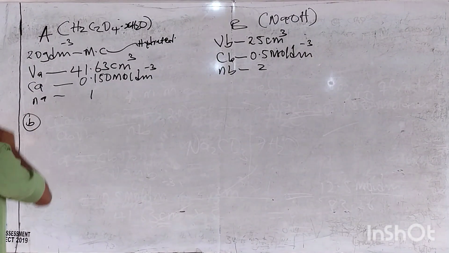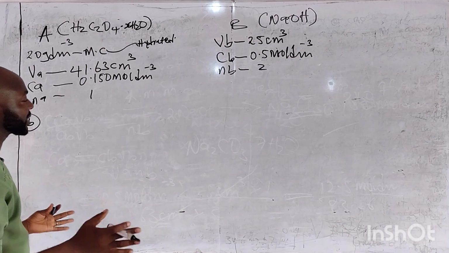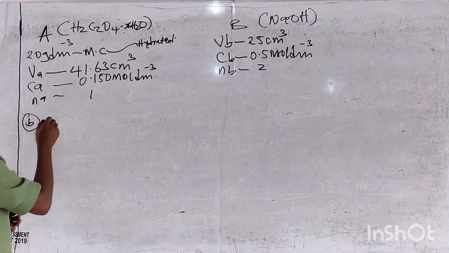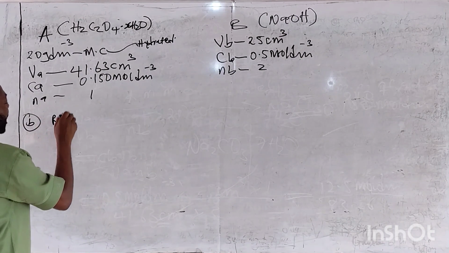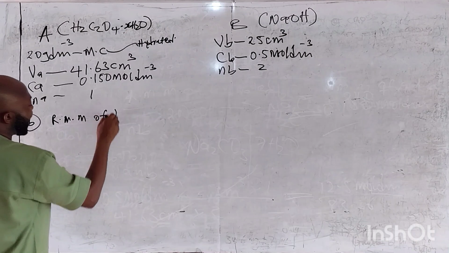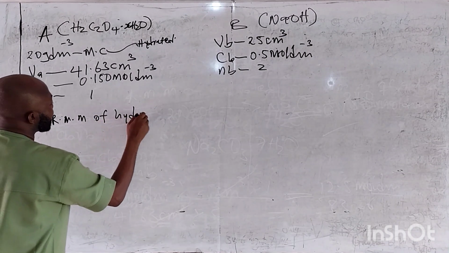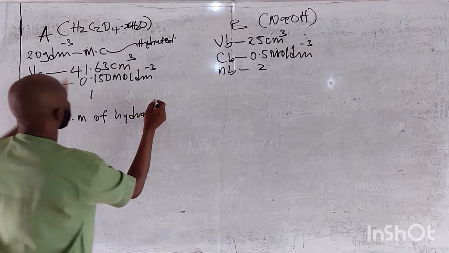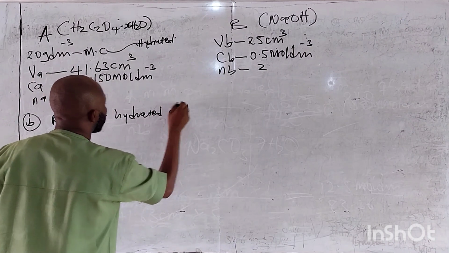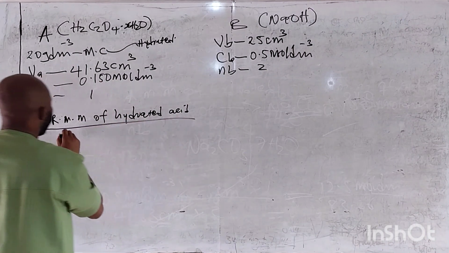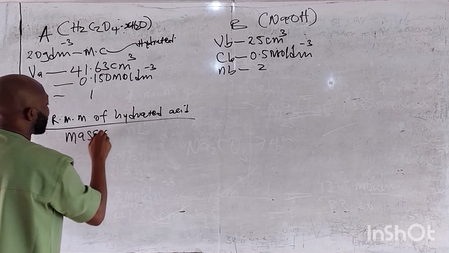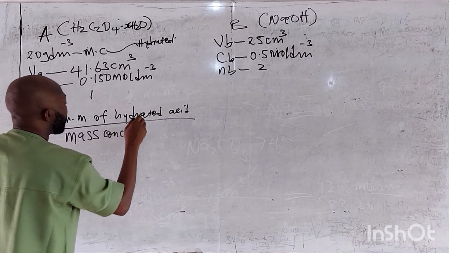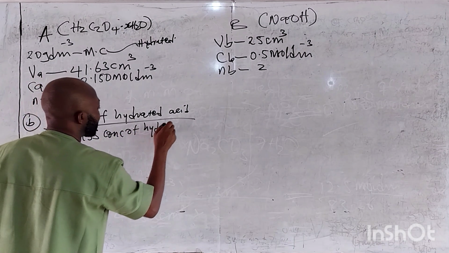B, number of moles of water of crystallization. We have the relative molecular mass of the hydrated acid, which is ethanedioic acid, over the mass concentration of the hydrated acid.